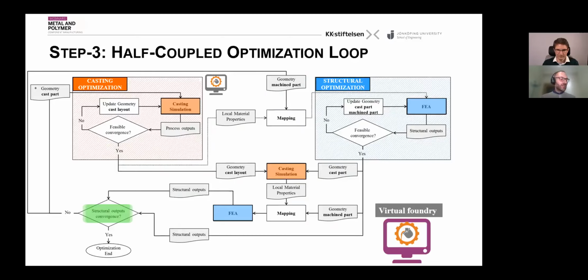And in that case, we had an external algorithm that drives the two optimizations just to be sure that we reach an optimized component, meaning that both optimizations, even if they are split, are more or less in the convergence state.